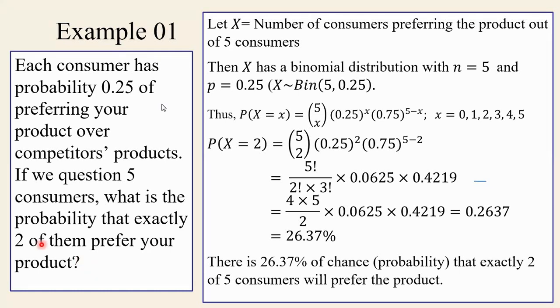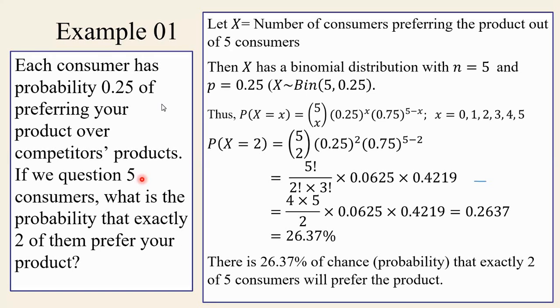So now we're looking at this scenario as a binomial probability case. We want to calculate the probability of having 2 of them preferring the product, and there are 5 consumers.